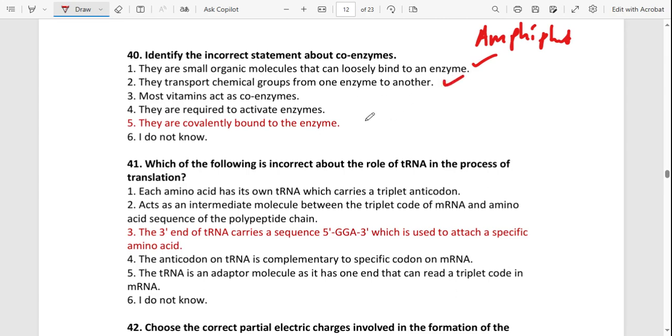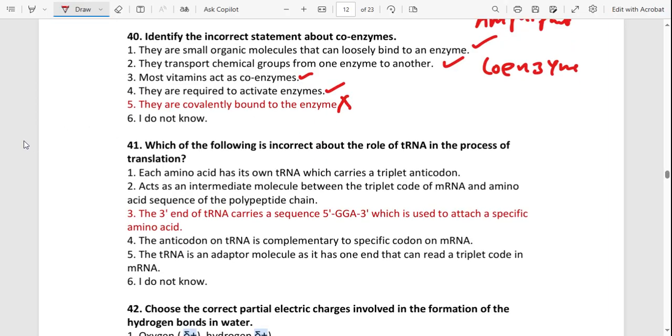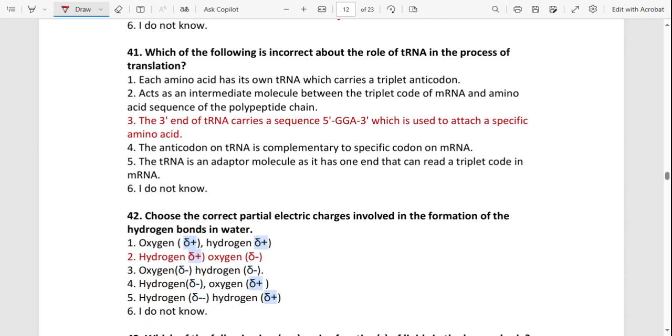To make enzymes active, most vitamins act as coenzymes. Yes, that's true. So coenzymes activate the enzyme. But coenzymes that are ions, we call them cofactors. They are required to activate enzymes. That's true. They are covalently bound to the enzyme? Covalent bonding is strong bonding. They are not covalently bonded. They just interact with the enzymes, because covalent bonding would mean it is permanent.